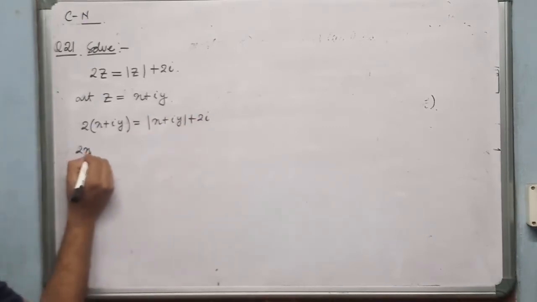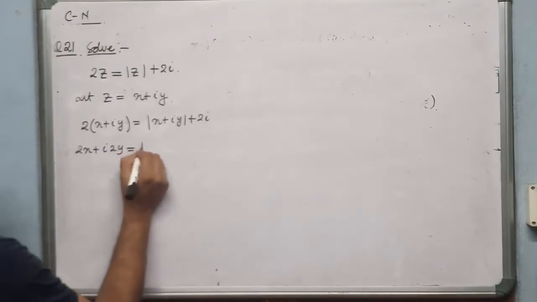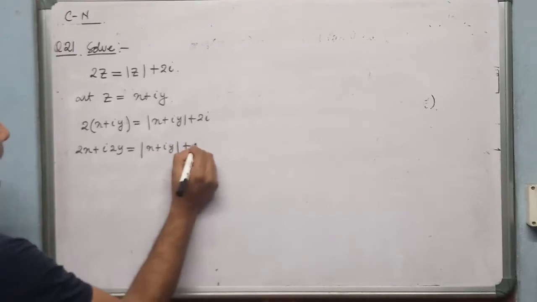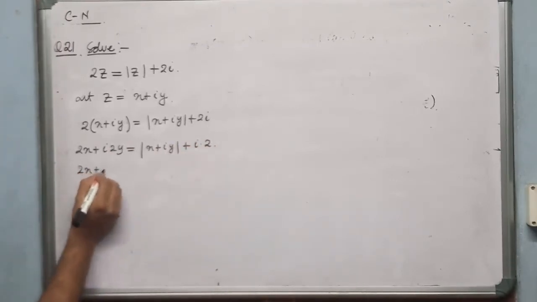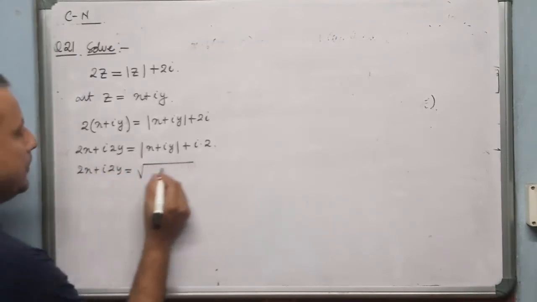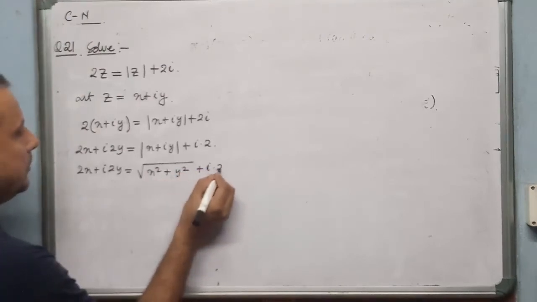Now then it is 2x plus i into 2i, and the right side is mod of x plus iy plus i into 2. We can write the mod as under root x square plus y square, plus i into 2.